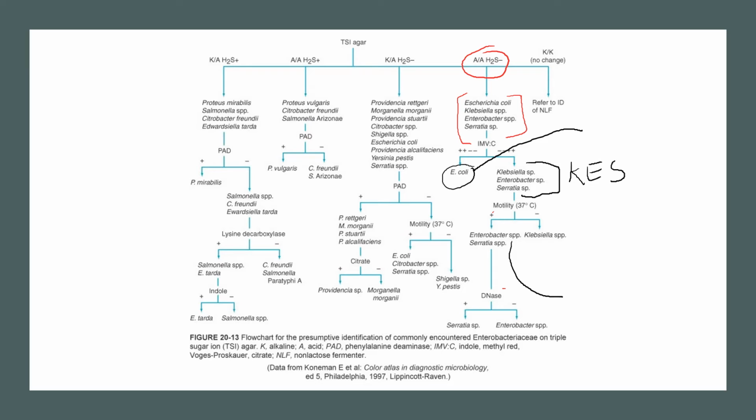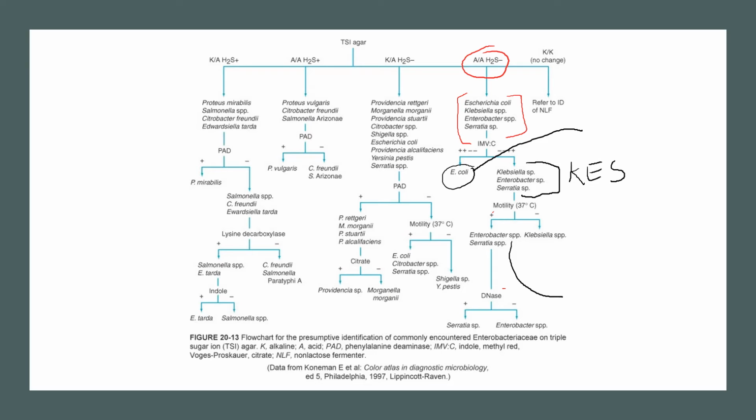Klebsiella, Enterobacter, Serratia is the KES group. The way you should remember this is to remember just one set of reactions. You know that E. coli would be indole positive. So for the IMViC, you start with positive indole and negative citrate. Positive indole, negative citrate.